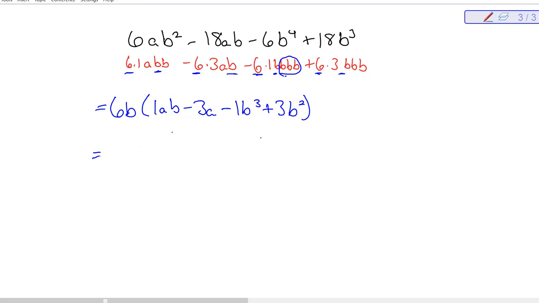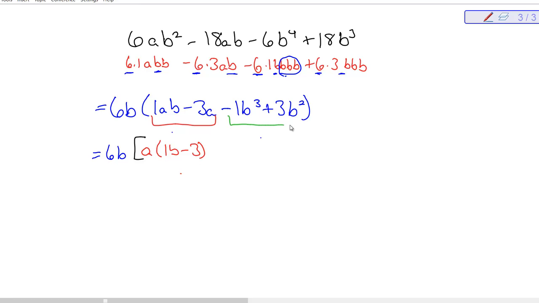So it'll be on my next step as well. Then what I'm going to do is I'm going to look at the first set of terms. Is there a common number between 1 and 3? No, but there is a common variable. Notice there's an a in both of those. So I'm going to have to take out an a, which will leave me with a 1b minus 3.